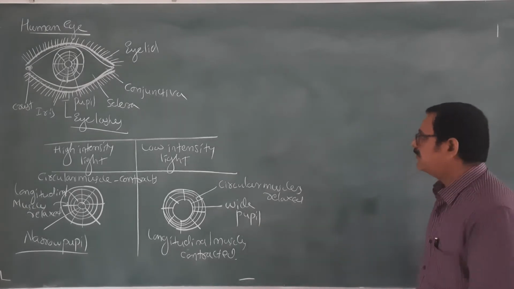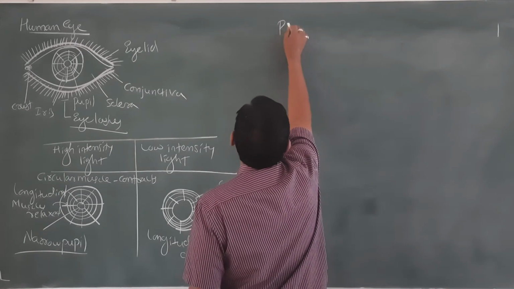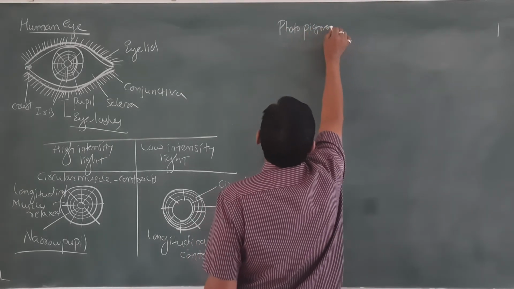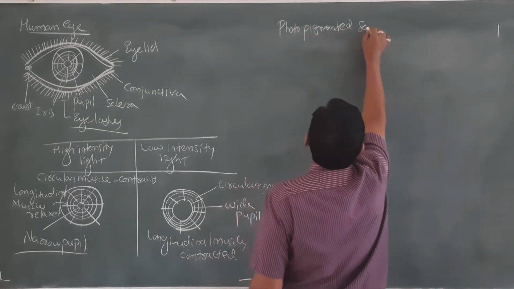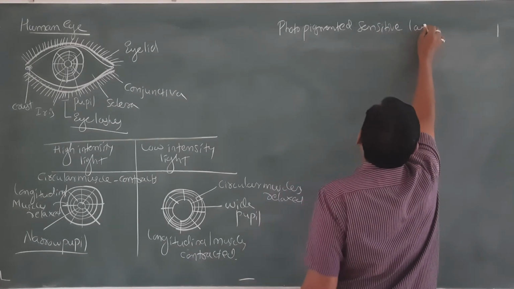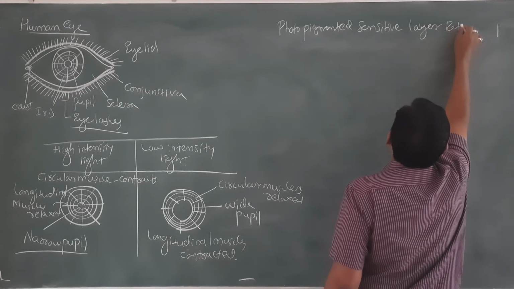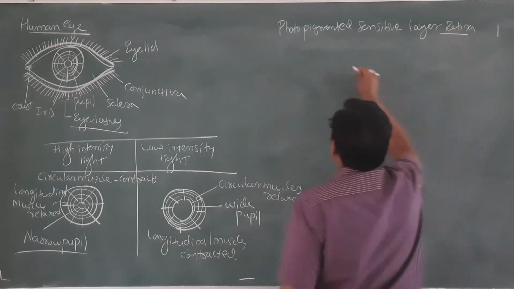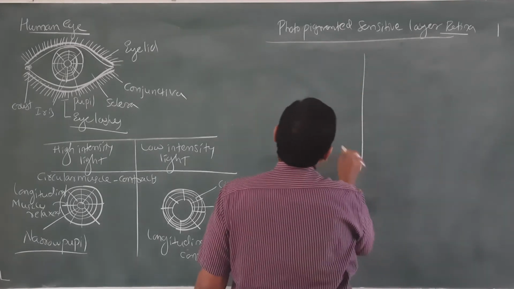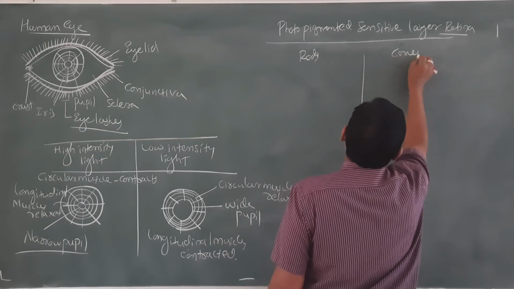The photopigmented, sensitive layer we call the retina. This retina is made up of two important cell types, the rods and the cones.